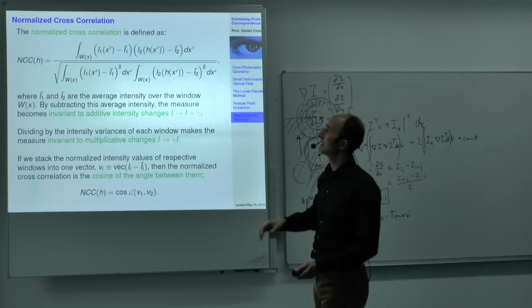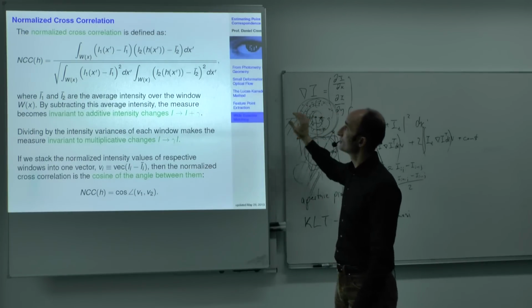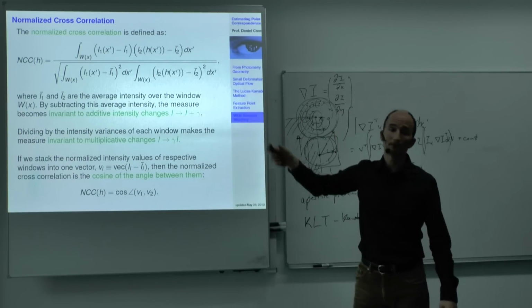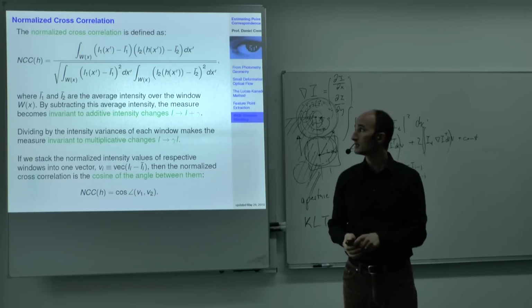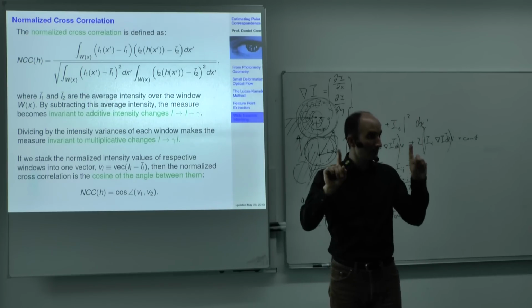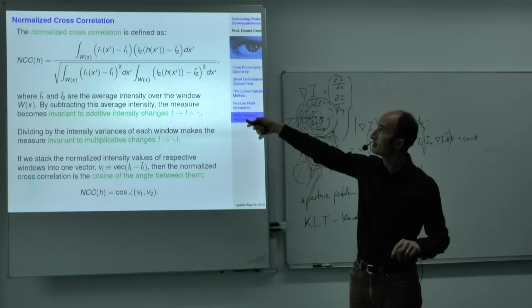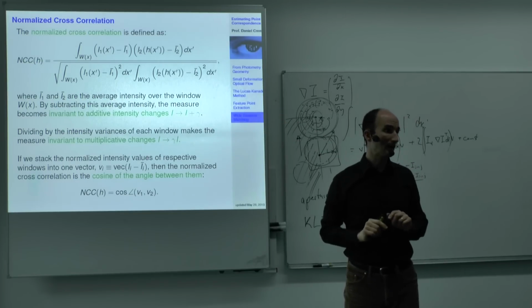You can see it this way: you take all these brightnesses, normalize by subtracting the mean, and then take one long vector of these components. What you have in the numerator is the scalar product of these two vectors, one brightness vector for the first image, one for the second image.